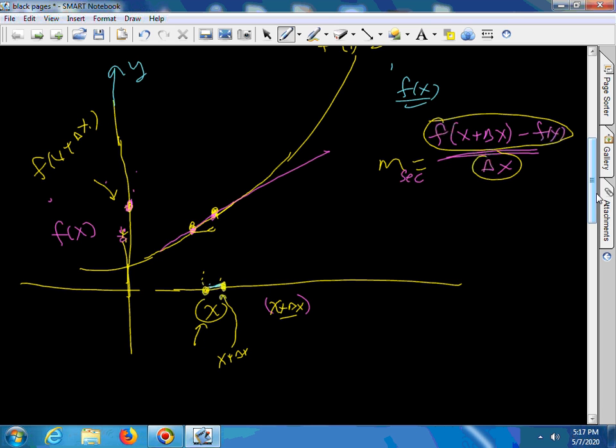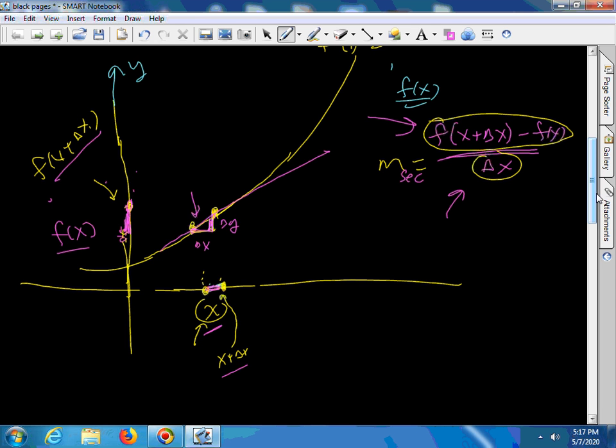And the slope of this line is the change in y over the change in x. And the change in y is this piece. It's f of that minus f of that. It's exactly what I have on the top. And let me just erase this. And this distance right here is just this minus that, which is delta x.